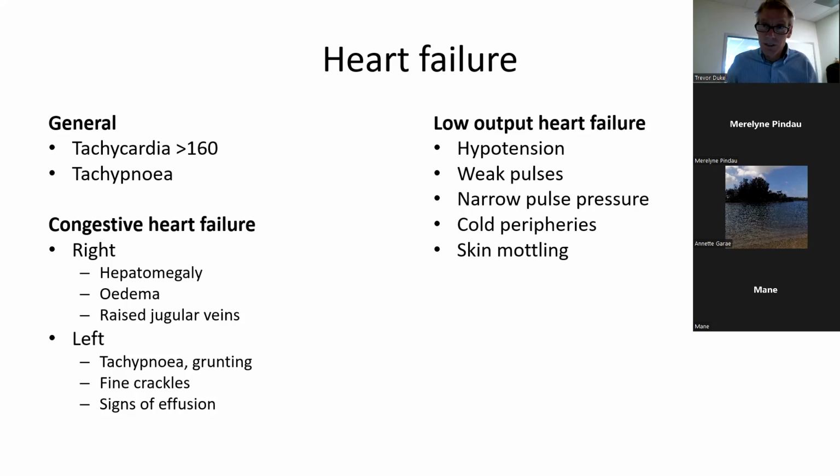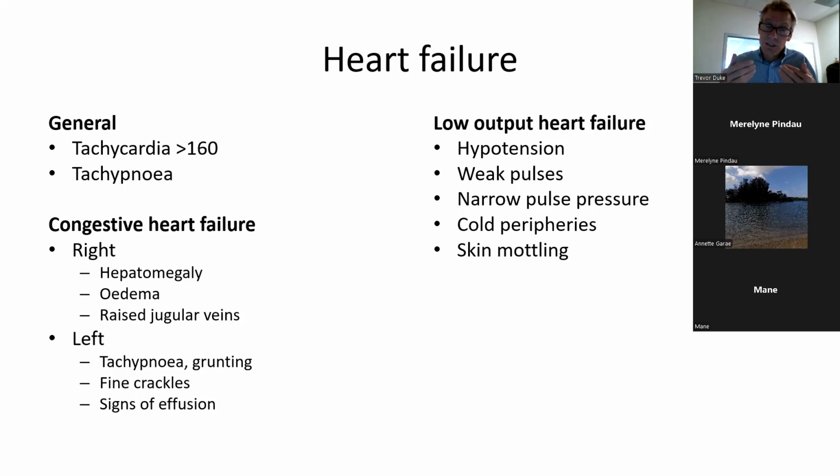They've got lower limb edema because they've got distended systemic veins and leakage of fluid into the extravascular space. And they've got distended or raised jugular veins. All right, and so that's right heart failure.